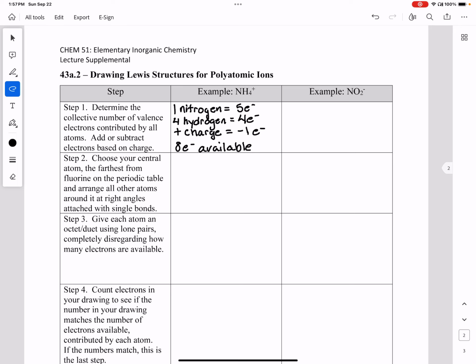Okay, so moving on to step 2, since I only have one option that's not hydrogen, I will choose the nitrogen as my central atom. Okay, I will draw my hydrogens as far apart from each other as possible.